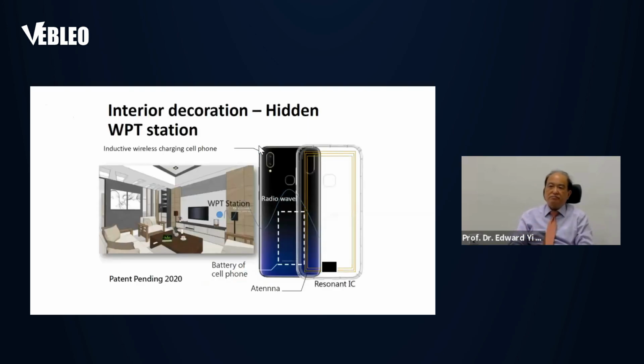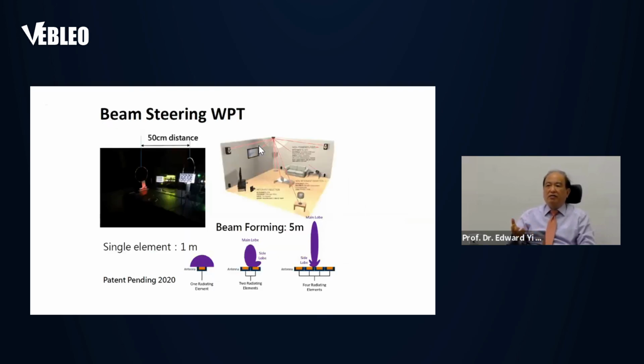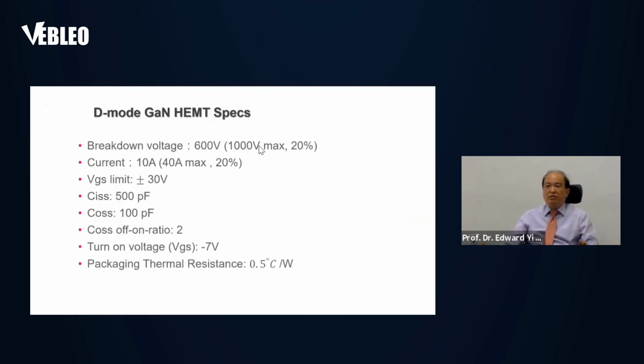And we have also used this gallium nitride device for a wireless charger, and this is the wireless charger we adopt. The device can work to like 1.5 meters. So this is what we demoed already.